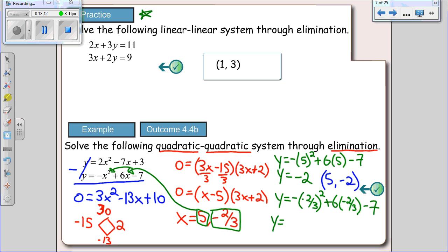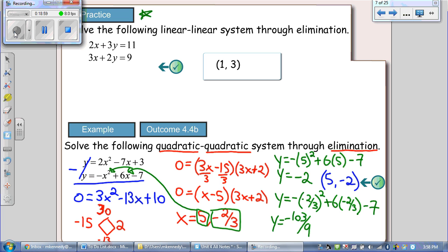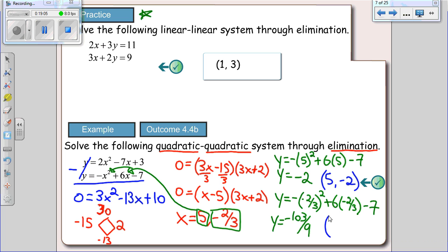And we need to math track that thing. And I got negative 103 over 9. So once we have a y value, remember that y value is attached to an x value. So that's 1 point together. It was negative 2 over 3, comma, negative 103 over 9.